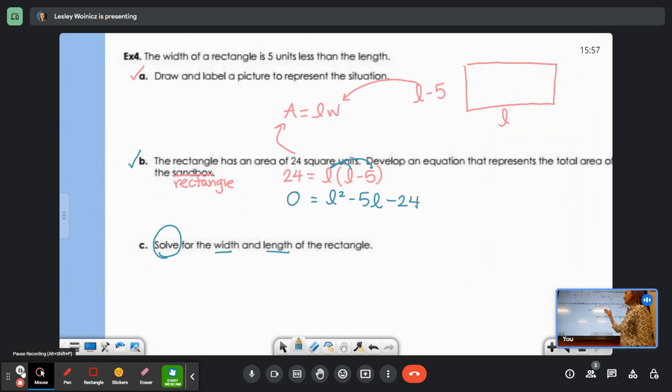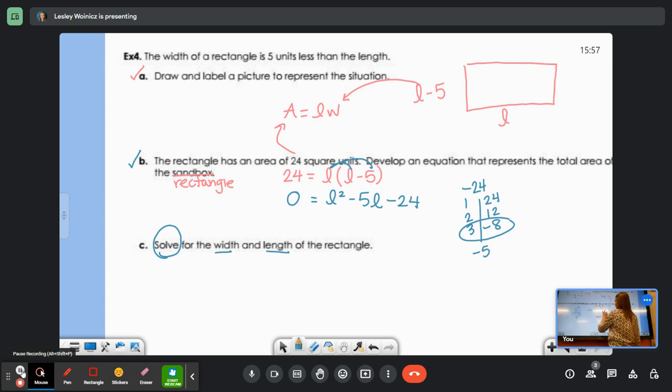Okay, now I can see if I can factor my cute little equation to get binomials. So are there factors of negative 24 that sum to negative 5? 1 times 24, 2 times 12, 3 times 8. I'm liking 3 and 8. I'm going to go positive 3 and negative 8.